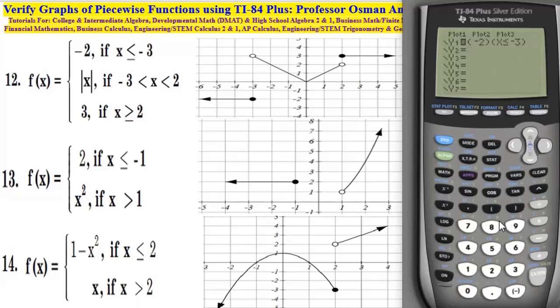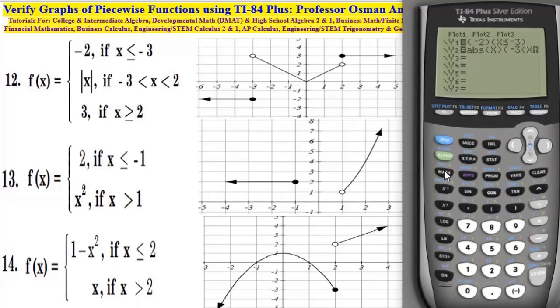It is absolute value of x, so I go to math, num, absolute value of x, and this is valid for x minus 3 less than x, and x is less than 2.